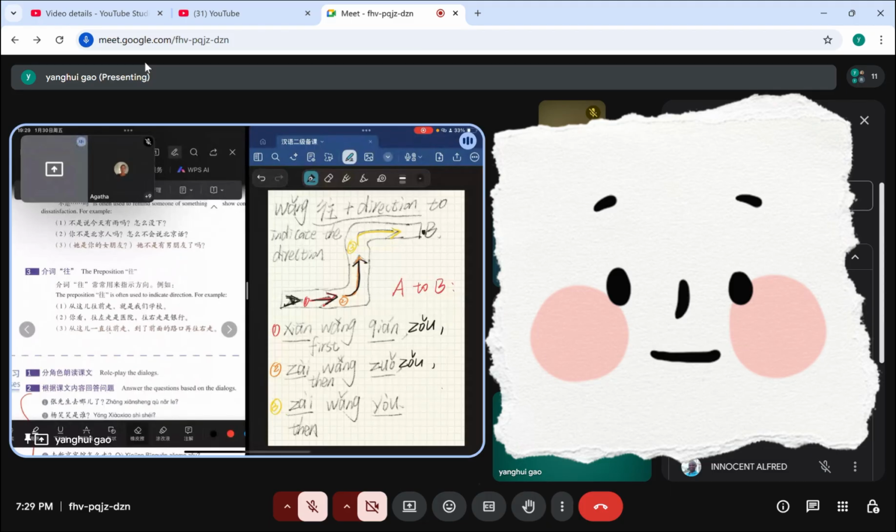Okay? And then we need to turn the last step. We need to turn right. Turn right. So right is 右. When we want to indicate the direction and we add the 往, that's 往右, right? 往右. And then 再, so 再往右走.